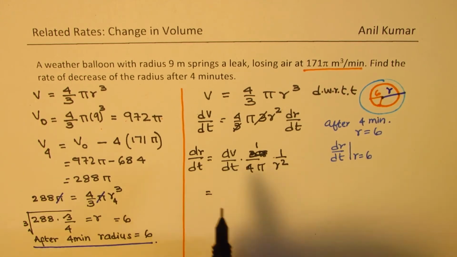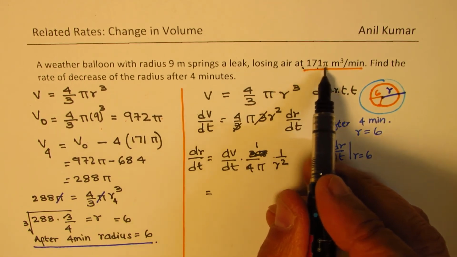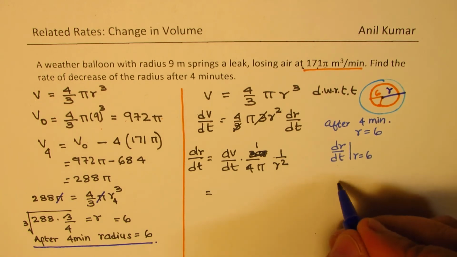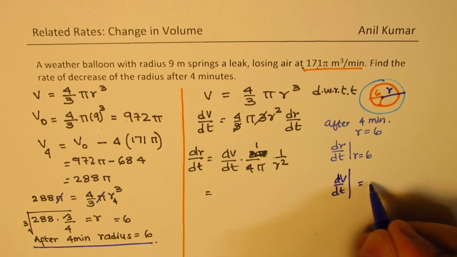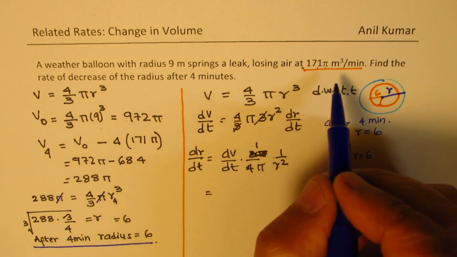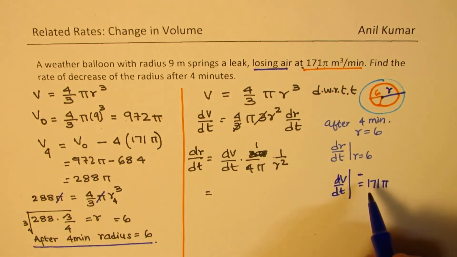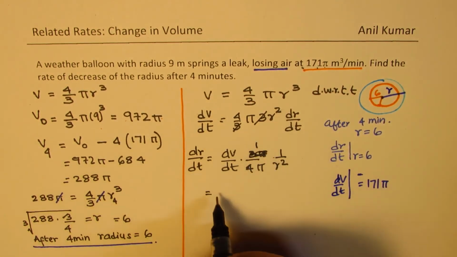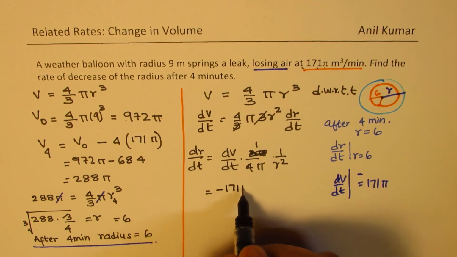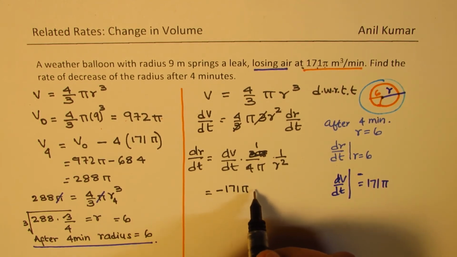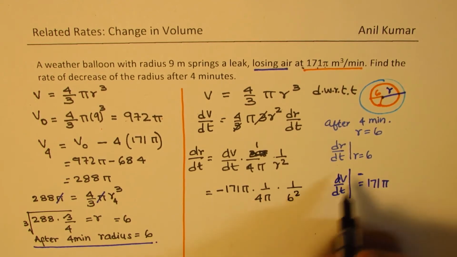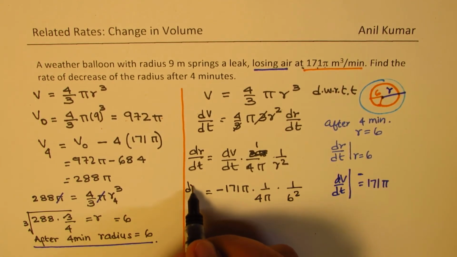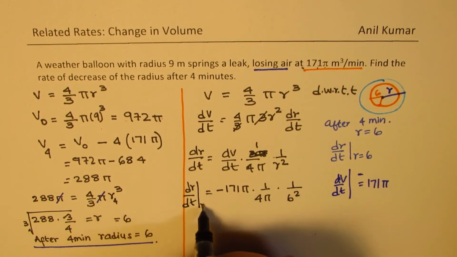Now dV/dt is given to us as 171 pi. So we are given that dV/dt is constant and it is equal to 171 pi and should be taken as negative since it is losing air, correct? So we get negative 171 pi times 1 over 4 pi times 1 over 6 squared, since r is 6. So we are finding dr/dt when r equals 6.